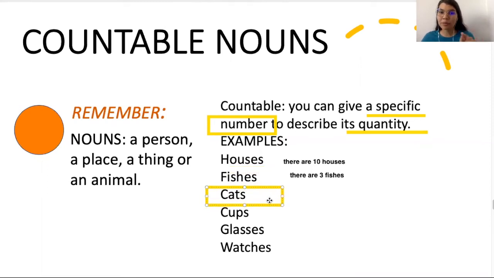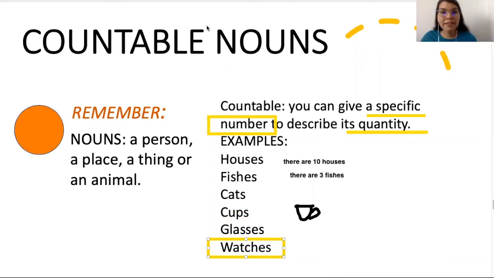Cats, we can count the number of cats. We can count cups, yeah, cups of coffee, cups. We can count glasses, yeah, number of glasses or glasses to drink. And watches, yeah, where we tell the time, watches.